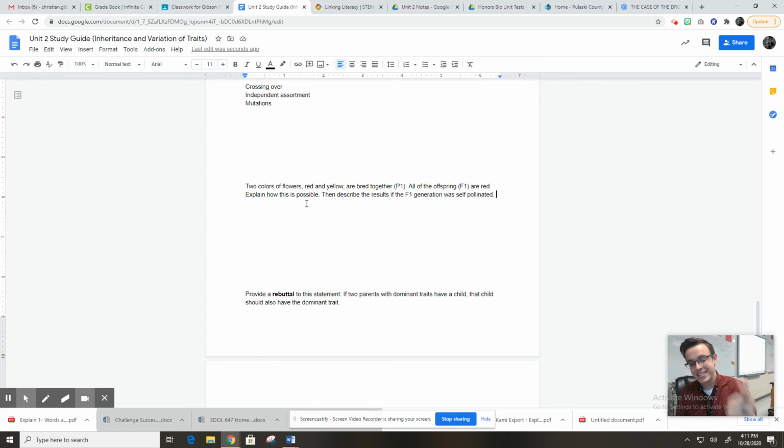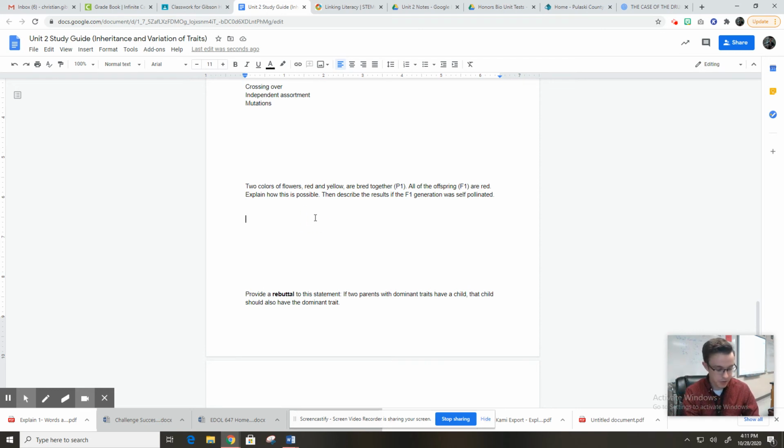Okay. It says, then describe the results if the F1 generation is self-pollinated. So you take that F1 generation, that first generation of offspring, who are all heterozygous now because they got one dominant from the red, one recessive from the yellow, and you cross-pollinate them.